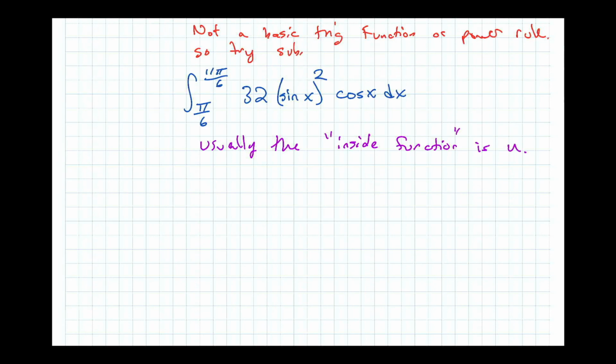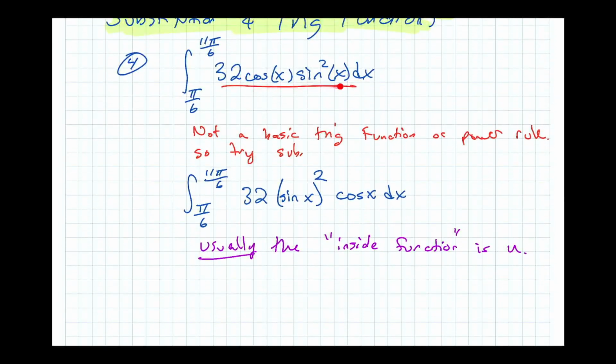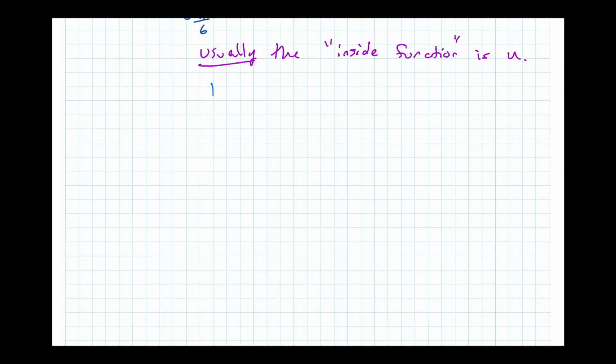Okay, usually. So in this problem, what that means is that the inside function is sine x, not the cosine, the sine x. So they kind of were trying to trick you by writing it this way. But if you pick cosine for u, you'll get it wrong. So you need to know that sine x should be your u. So we say, let u equal sine x. There's my substitution.